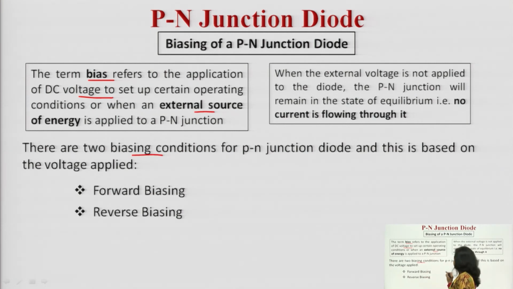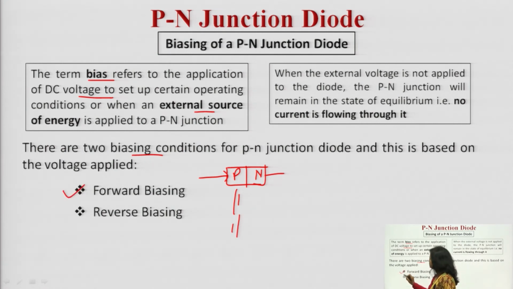Since you get the diode in this manner, this is a p-n junction diode, this is P, this is N. The battery can be connected in two ways, positive-negative or negative-positive. Accordingly, there are two possibilities of biasing: one is forward biasing and the other is reverse biasing. So you have to study these two types of biasing situations as well, right.